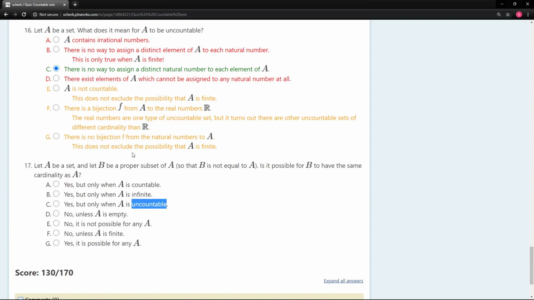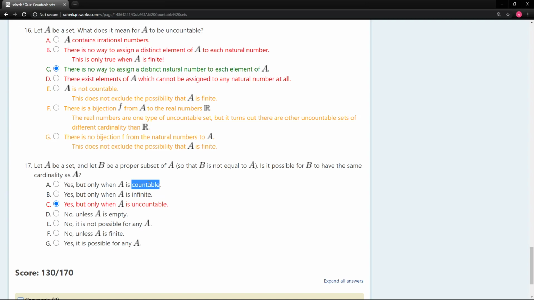So in my example, when I was thinking about N and Z, those were countable. But what about if it was infinite? So here I think infinite means both this and this. So it works for countable. Then that means this choice C is gonna be wrong, because infinite means both countable and uncountable.